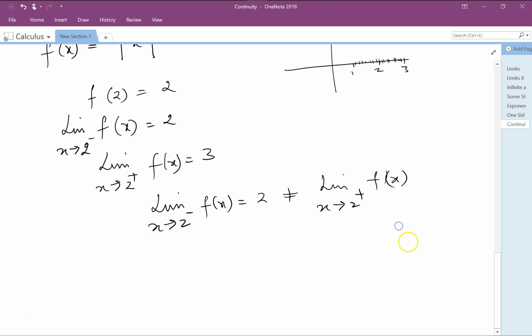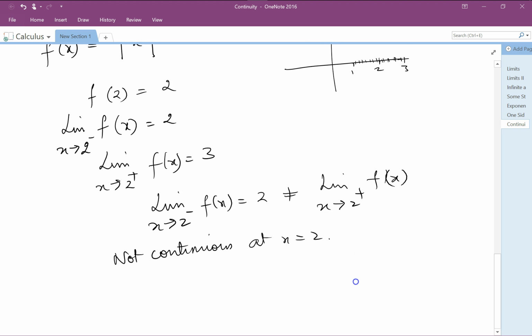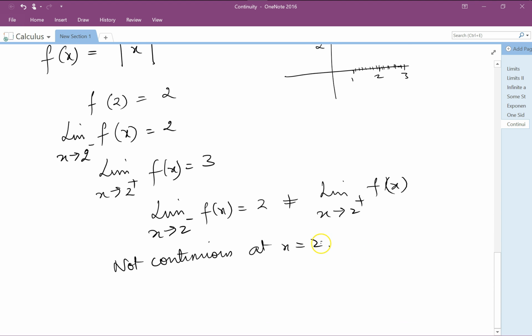So it is not continuous at x equal to 2, or for that matter at any integer value n.